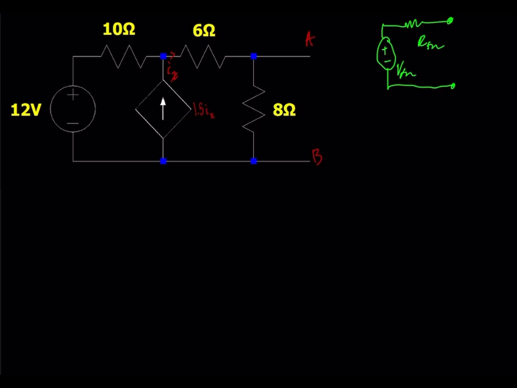So we'll use the first method here, which is shorting these two terminals and finding the current that results. From previous examples, this is actually finding the Norton short circuit current, when you're trying to construct this equivalent circuit with an independent current source and a resistor in parallel. This is I Norton, what we're finding here.